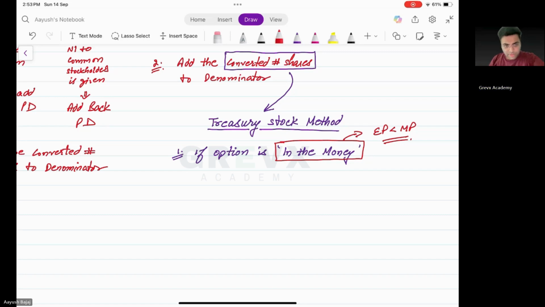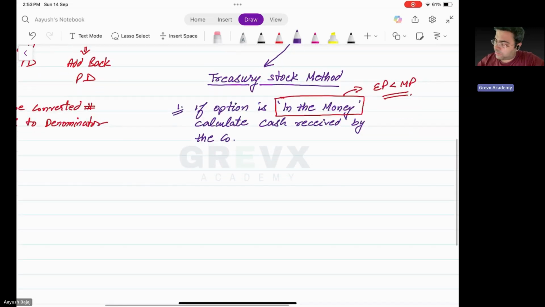So if the option is in the money, calculate the cash received by the company. What is the formula?